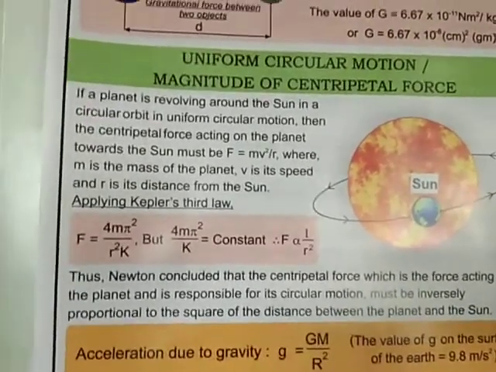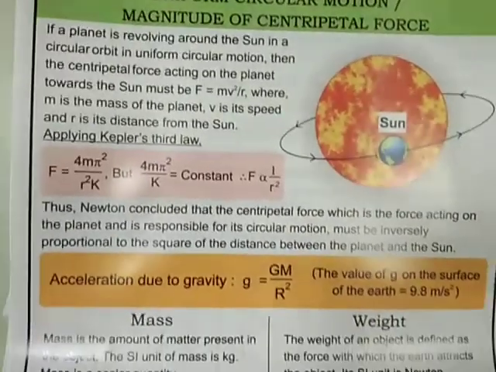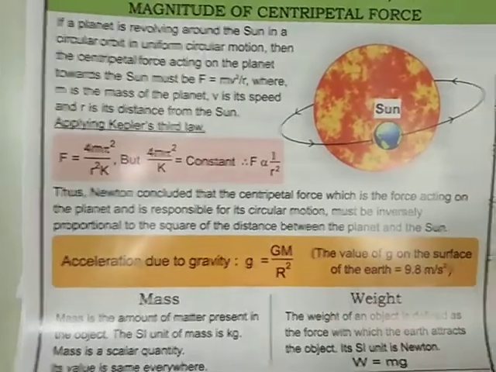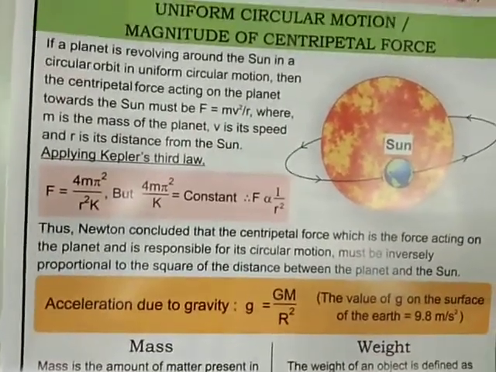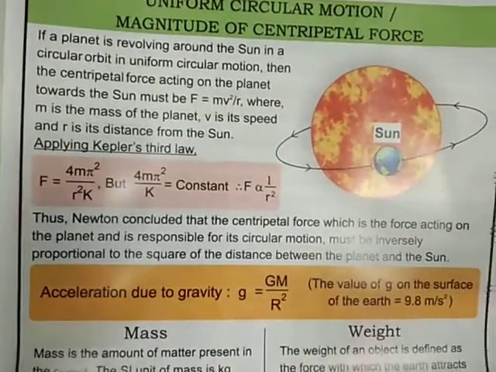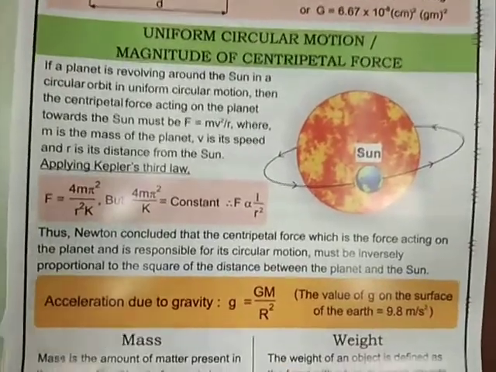Therefore, F is directly proportional to 1 upon r square. Thus, Newton concluded that the centripetal force, which is the force acting on the planet and is responsible for circular motion, must be inversely proportional to the square of the distance between the planet and the sun.